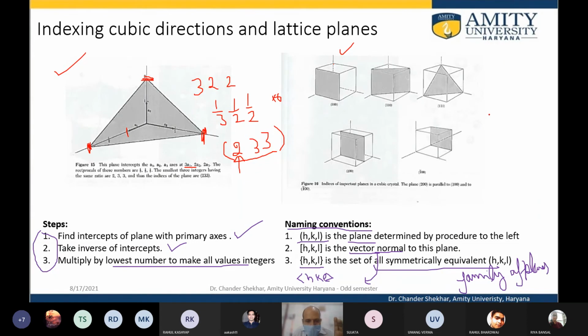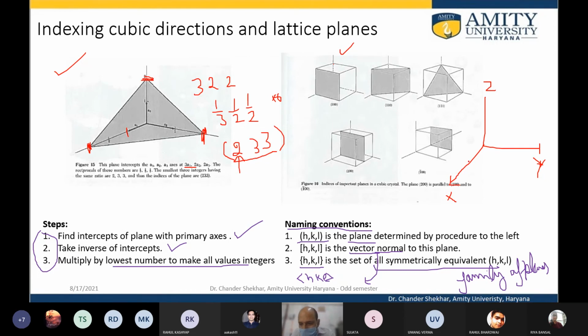Suppose I am drawing this here: this is the x-axis, this is the y-axis, and along the vertical this is the z-axis. So Miller indices 2 3 3, what it means: it is dividing the x-axis, the unit translational vector, into 2 equal parts.